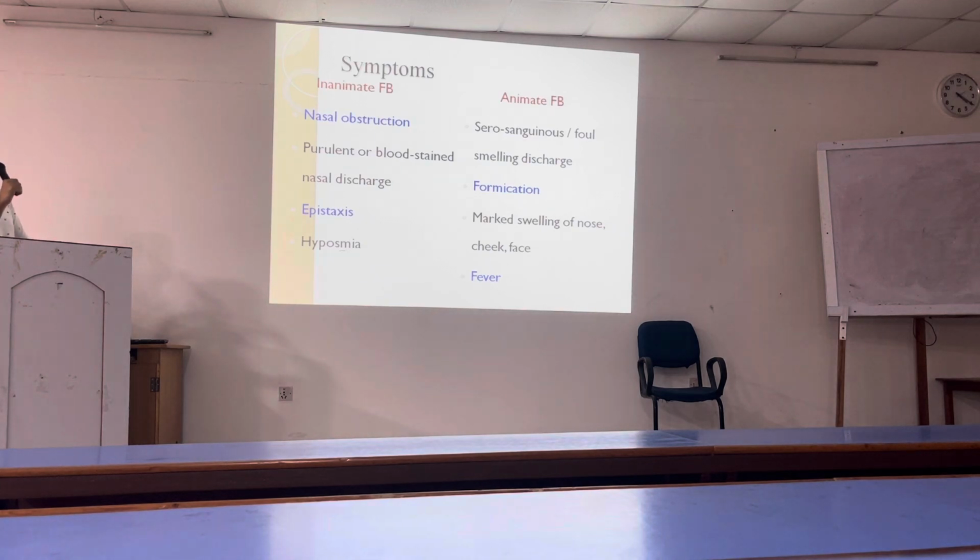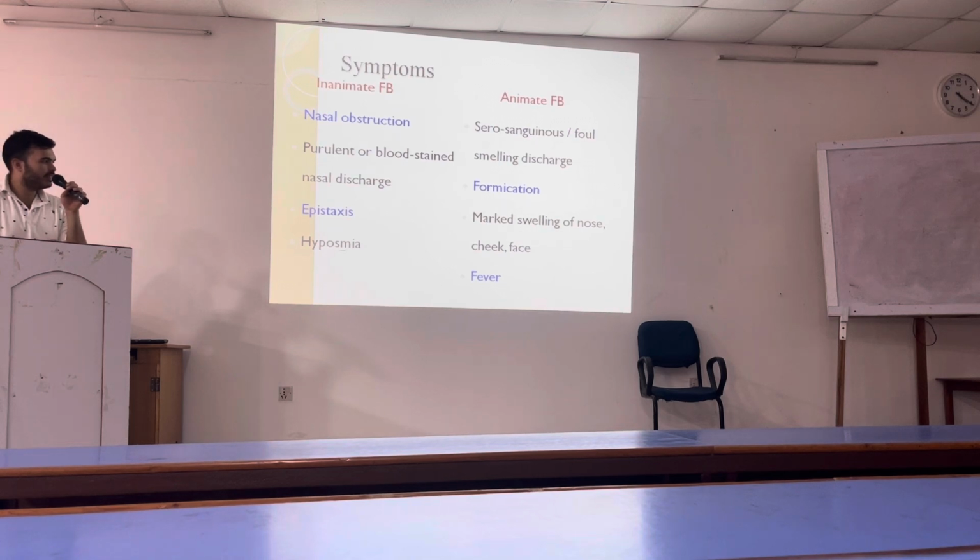So, we talked about inanimate and animate foreign bodies. Features include nasal obstruction, purulent or blood-stained nasal discharge, epistaxis, hyposmia, rhinolith, foul-smelling discharge, there might be fornication, marked swelling of the nose, cheek, face, and there might be fever.